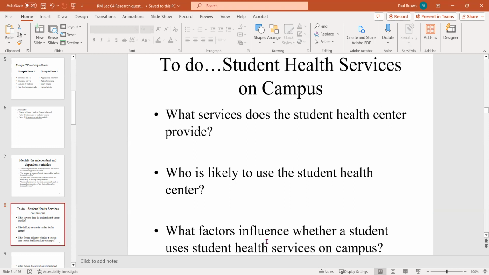So if we think about our dependent variable, what's our dependent variable going to be? It could be use of student health services for one of these.